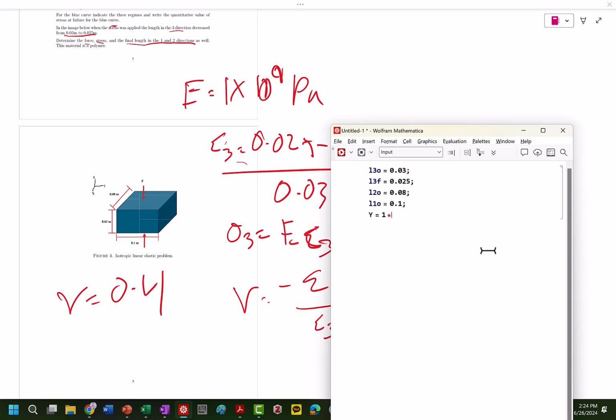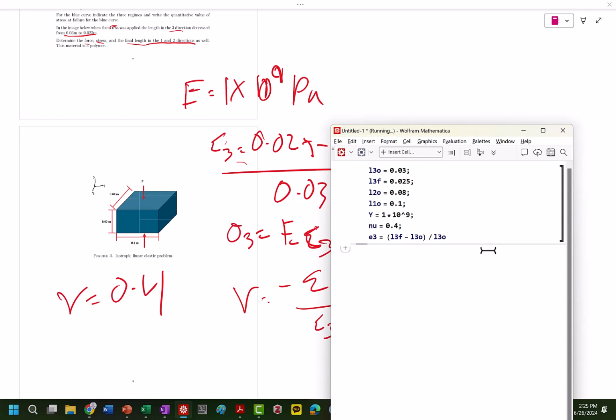Young's modulus equals 1 times 10 to the 9. Nu is equal to 0.4. Let's see. And then let's start to solve. So I'm actually going to say E3 is equal to L3F minus L3 naught, divided by L3 naught.